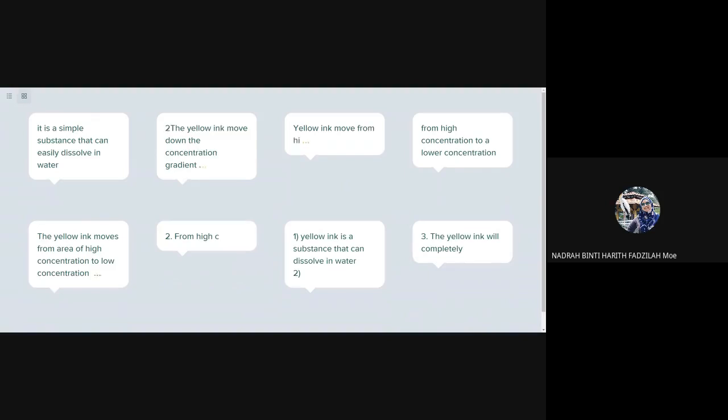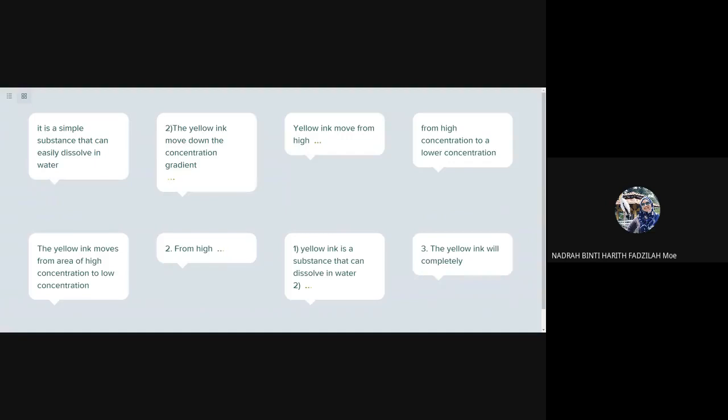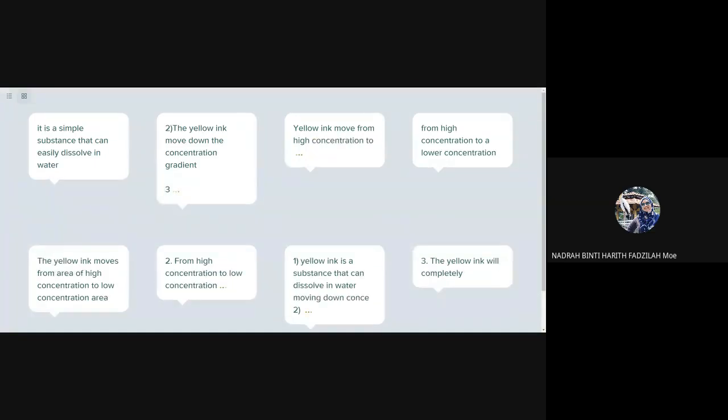Now we include the location of the concentration area in our explanation.